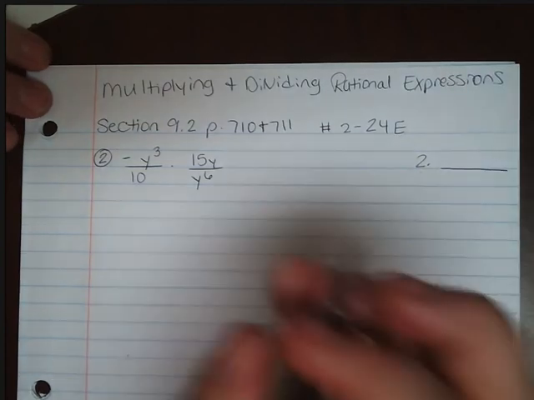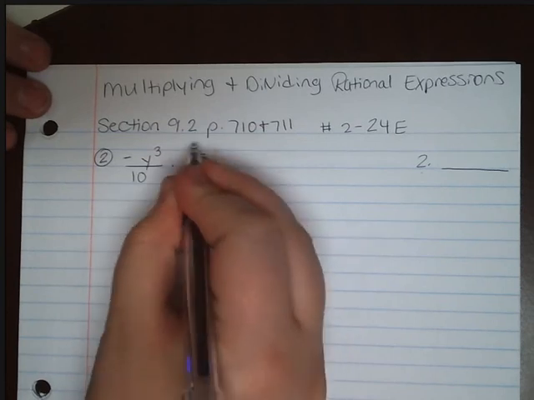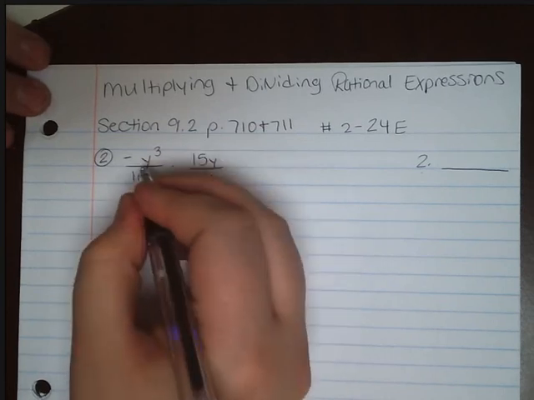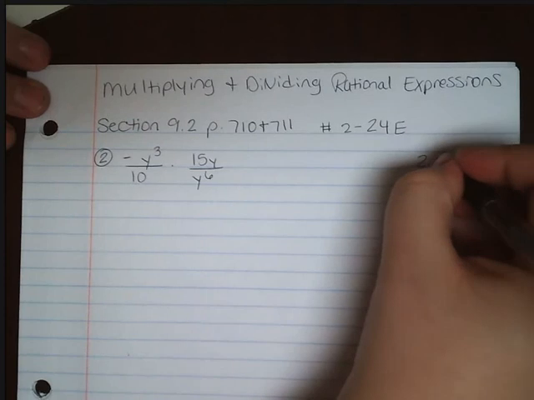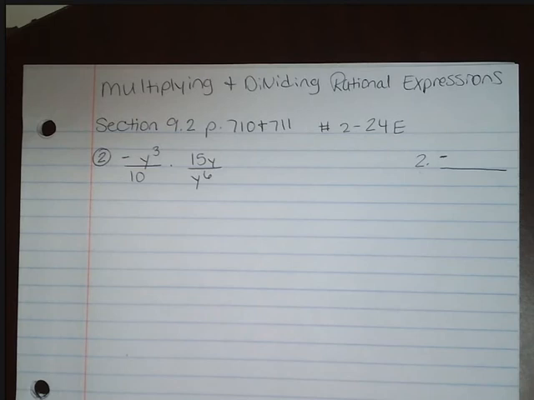You have a negative fraction times a positive fraction. A negative times a positive is a negative, so our answer is going to be negative. It's really good to practice putting the negative or positive in your answer so you know you're not going to forget it. So the negative's taken care of. I don't have to worry about that at all.